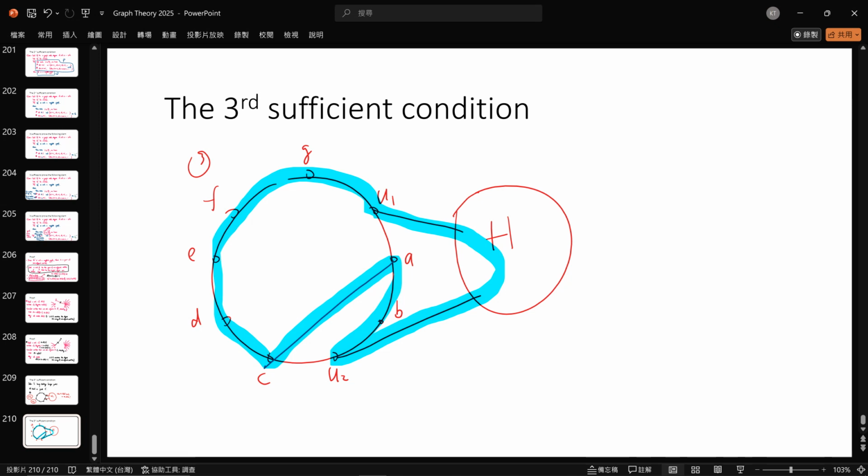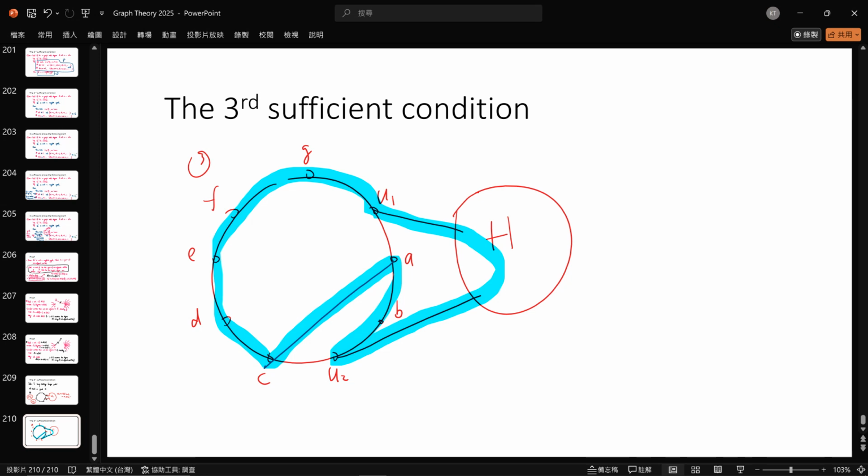So I think the critical property of this edge is that first we identify 2 vertices that are adjacent to H, that is U1 and U2. And then we find the clockwise neighbor of these 2 vertices. So A is the clockwise neighbor of U1, and C is the clockwise neighbor of U2.